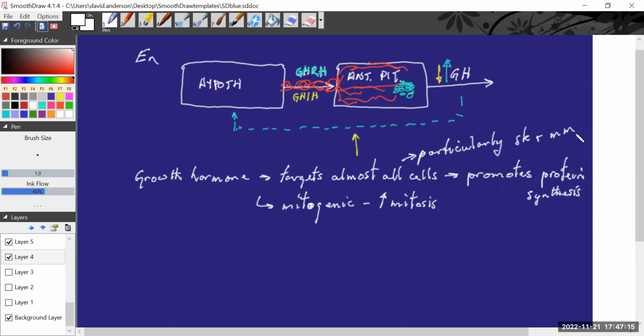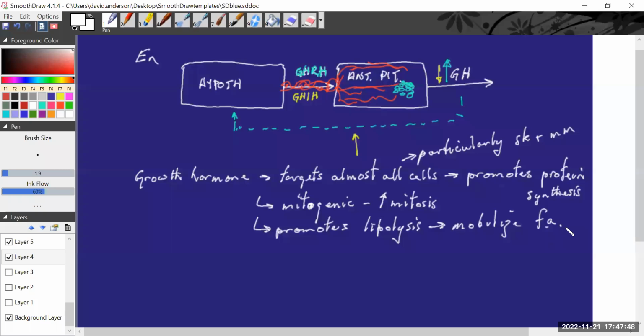So we've got this function. So it's described as being anabolic because of this protein synthesis and this increase in mitosis as well. Now it also promotes lipolysis, which means it's going to mobilize fatty acids.